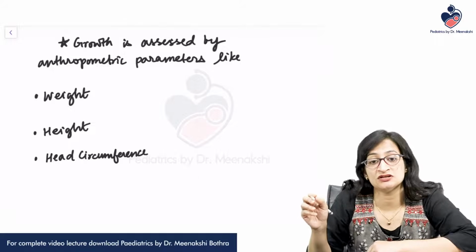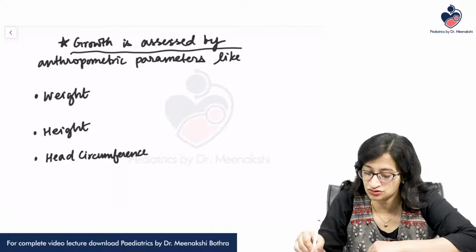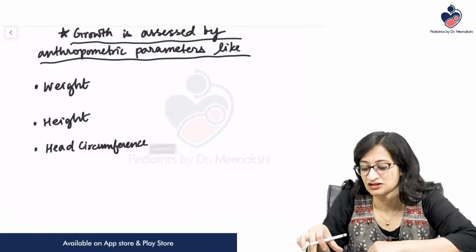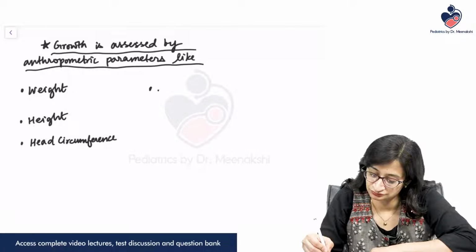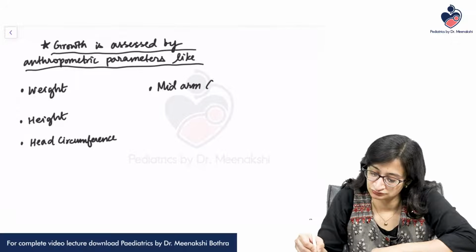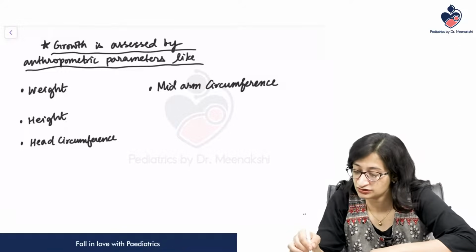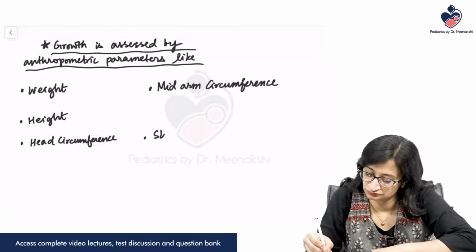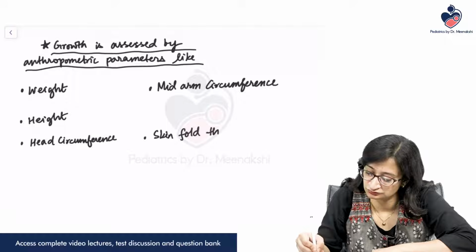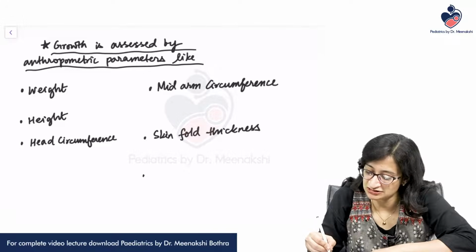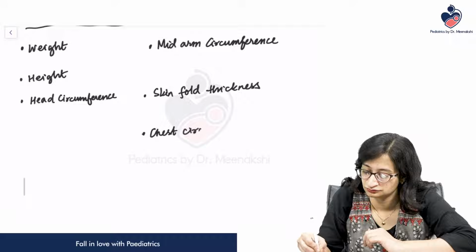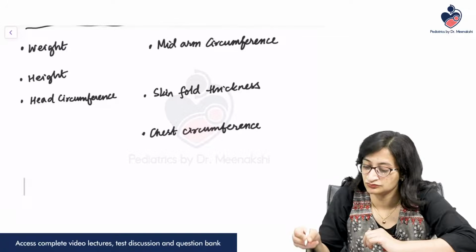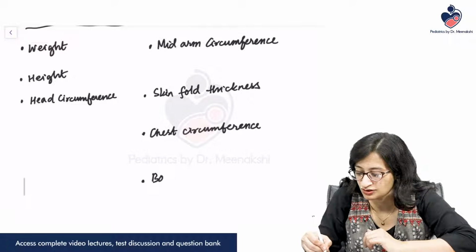so we'll be discussing in detail about these three parameters because you get a lot of questions from them. So growth is assessed by these anthropometric parameters, and there are some other parameters also about which we need to know a little, like the mid-arm circumference, the skin fold thickness, the chest circumference, the body mass index are some of the other examples.